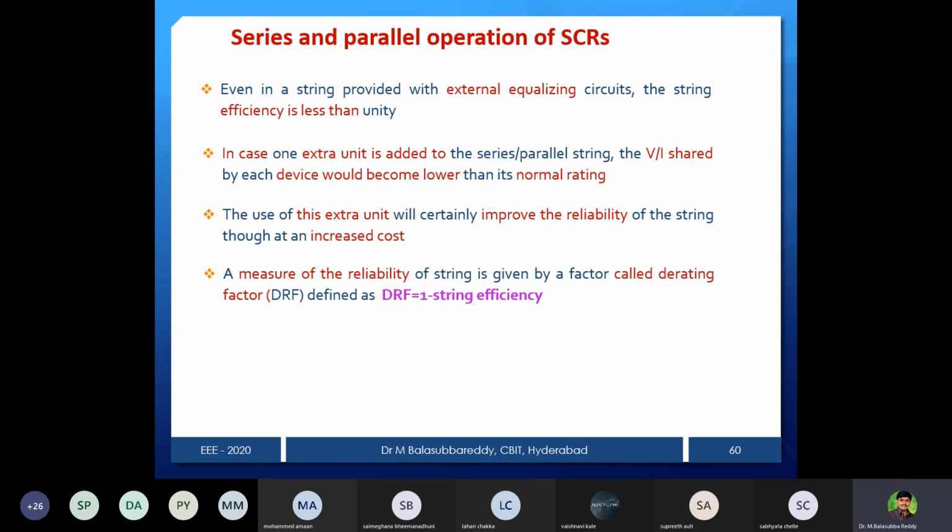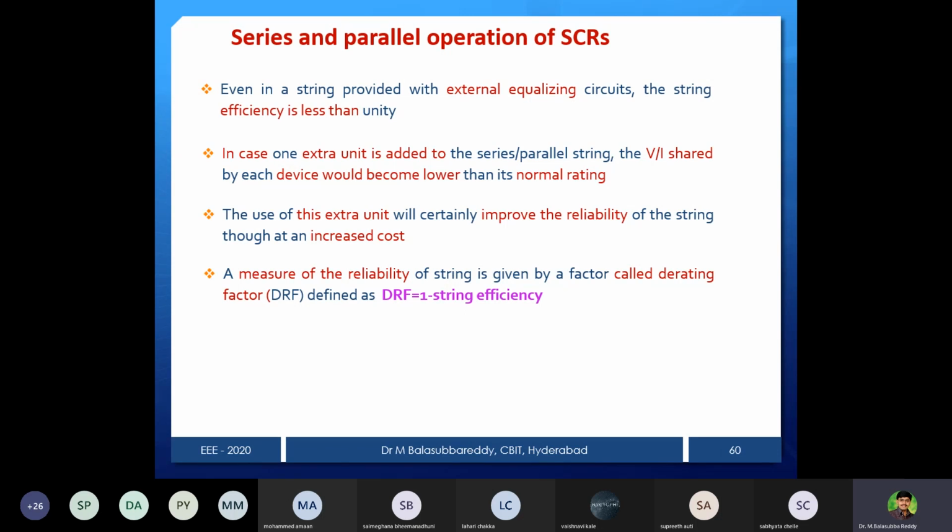If you operate it at less load, the chance of failure is minimum. But then, to meet your demand, you may need another machine. So, instead of carrying the full load current, if you carry less load, the failure will be minimum, so reliability will be more.